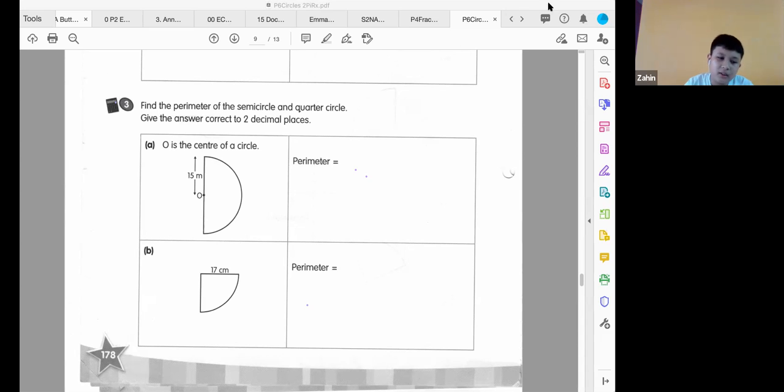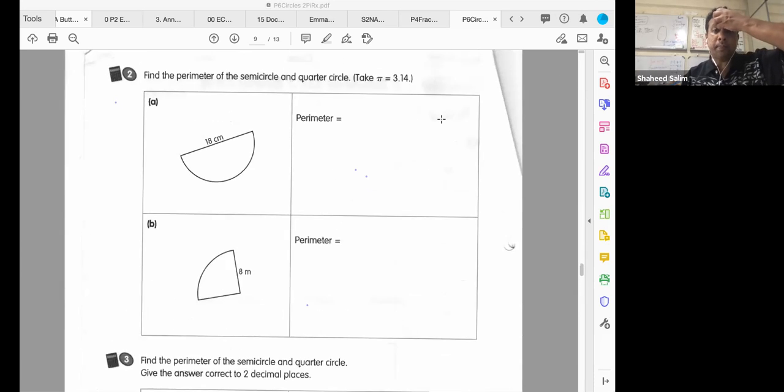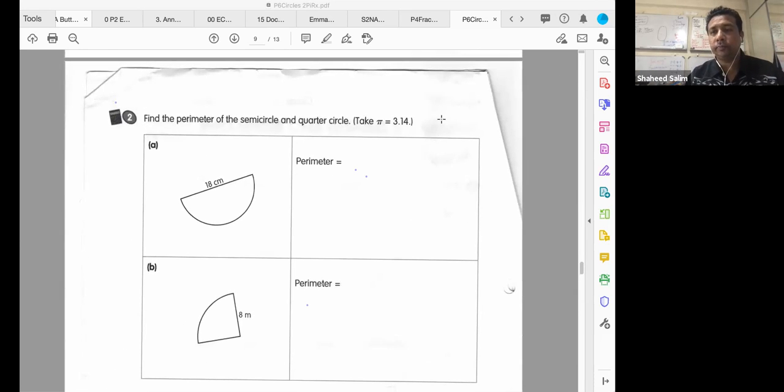So there is no pi given. The pi, we use the same pi down here, 3.14.